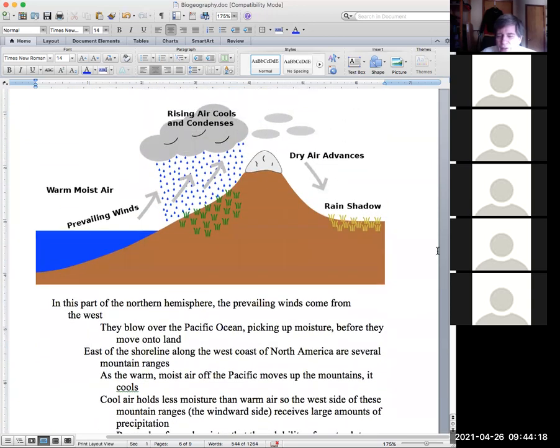So in the Western United States, on the eastern side of the mountains, we see deserts. So you might have heard of a place called the Napa Valley or the Imperial Valley in California. And these are very rich agricultural regions. They're actually on the eastern side of the mountain ranges, and they're actually deserts.